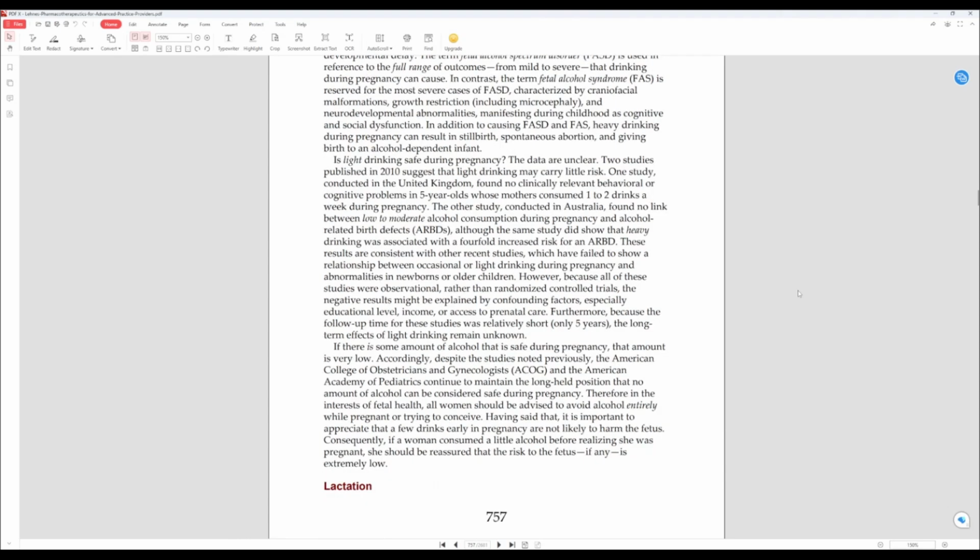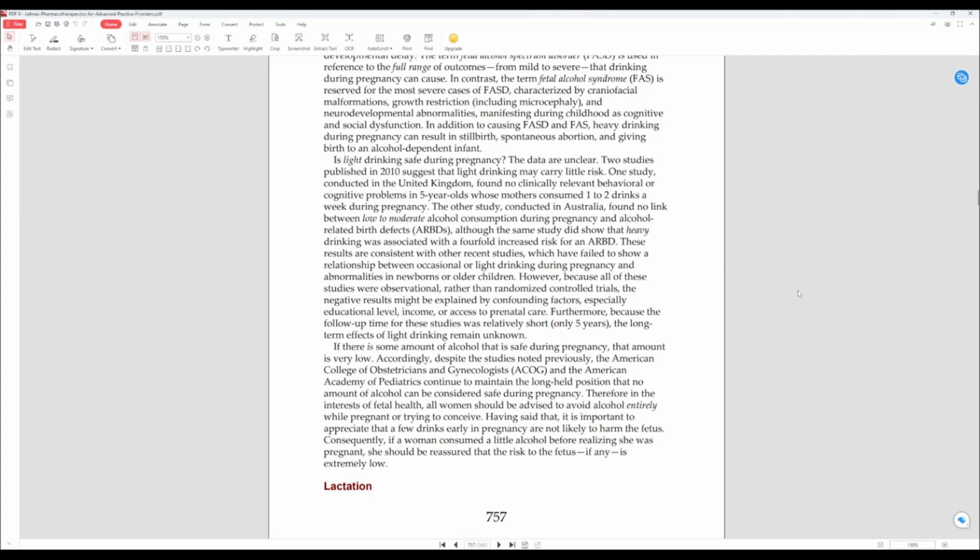The data is unclear. Two studies established in 2010 suggest that light drinking may carry very little risk. One study conducted in the UK found no clinically relevant behavioral or cognitive problems in 5-year-olds whose mothers consumed 1 to 2 drinks a week during pregnancy. The other study conducted in Australia found no link between low to moderate alcohol consumption during pregnancy and alcohol-related birth defects.